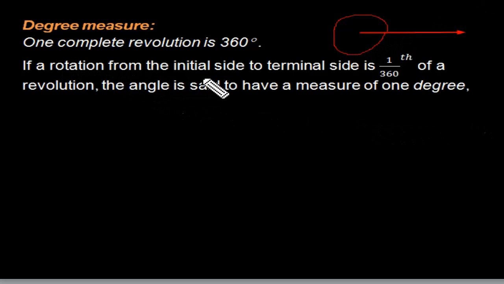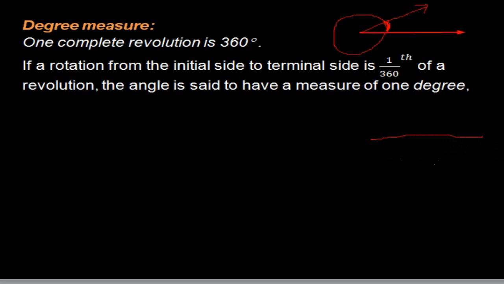If a rotation from the initial side to the terminal side is 1/360th of a revolution, that is, out of the 360 I am taking one part, that is called 1 degree.